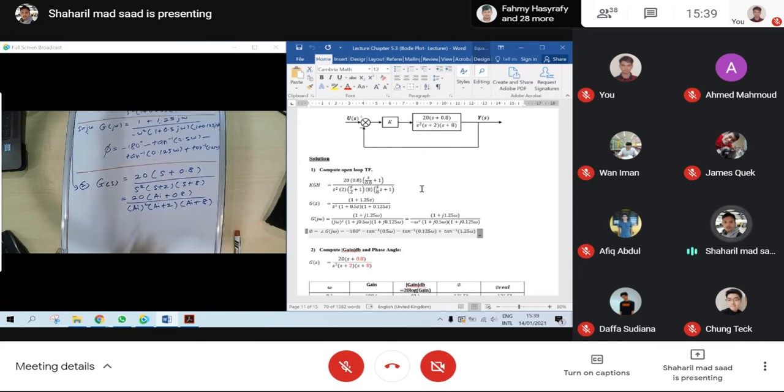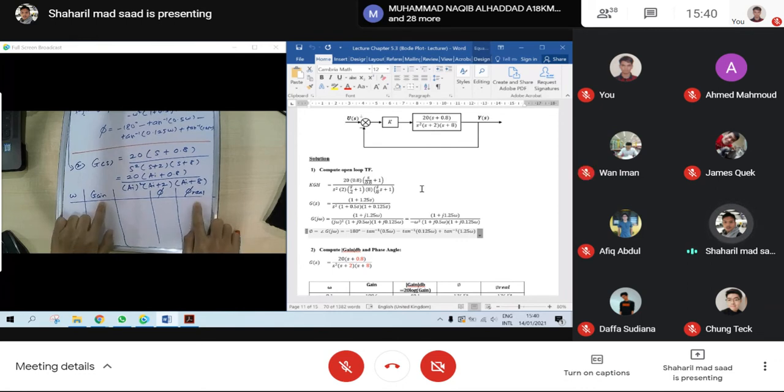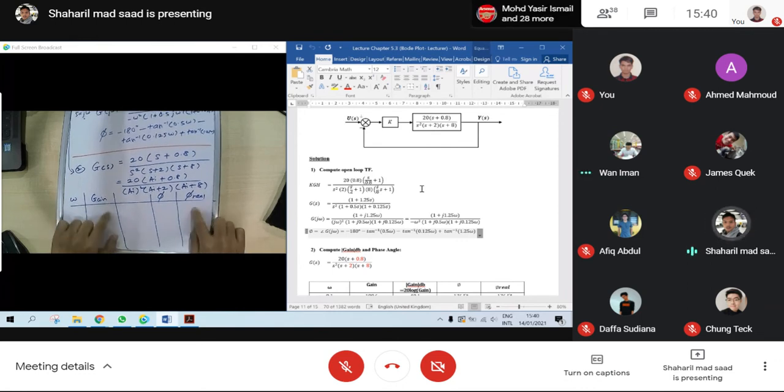What you need to do is find the omega, and also find the gain, and find the phase angle. Last topic for the Nyquist diagram, you only find the gain and also the phase angle, right? So this one you will plot in your Nyquist diagram, right?